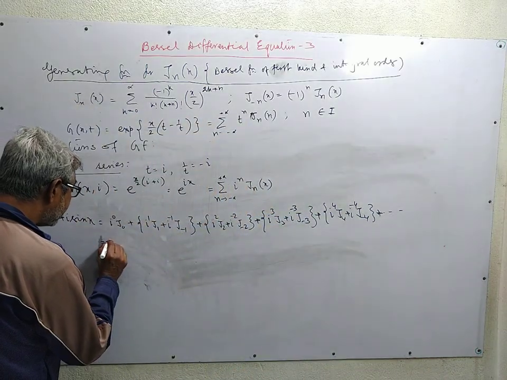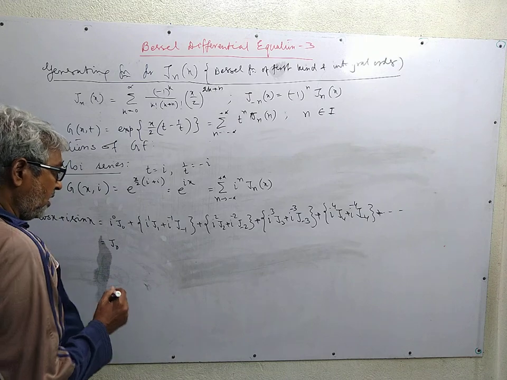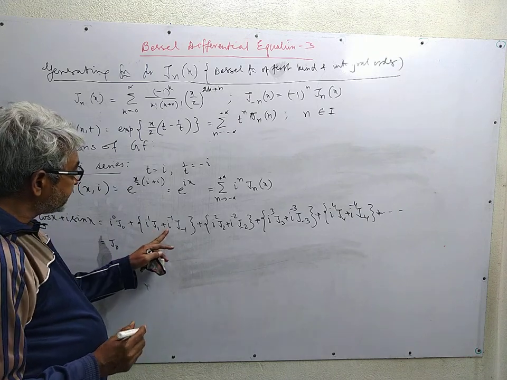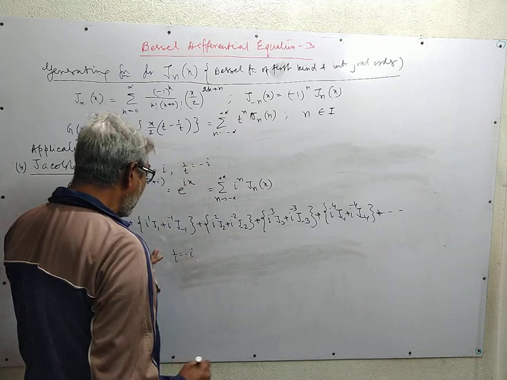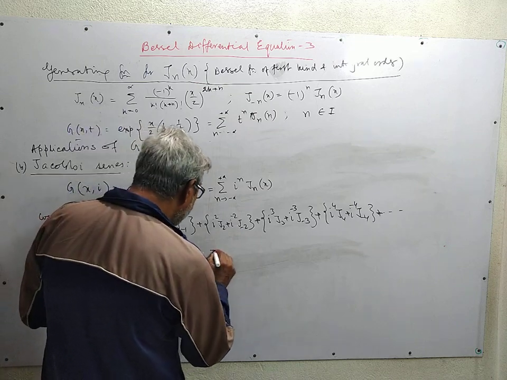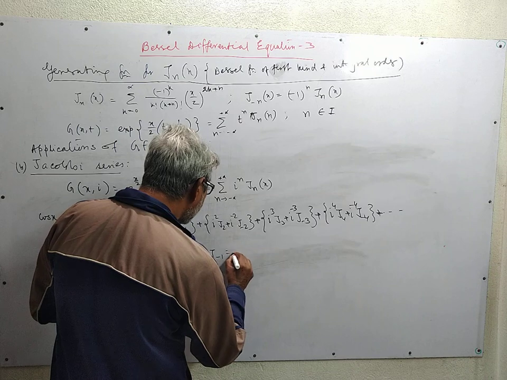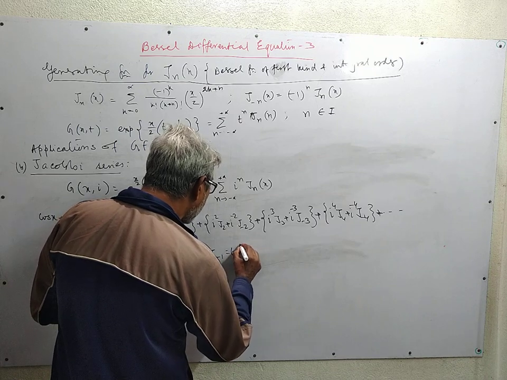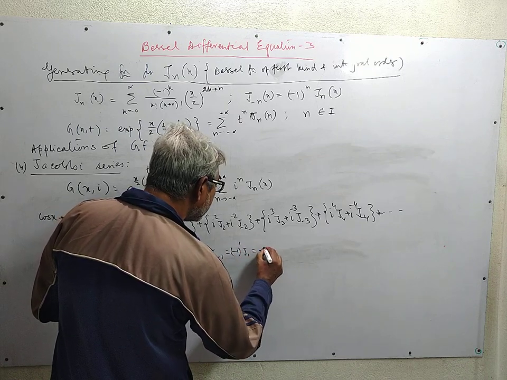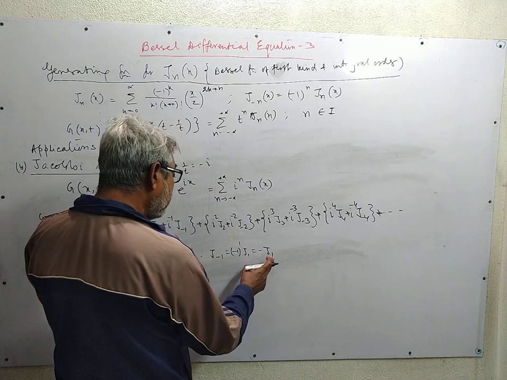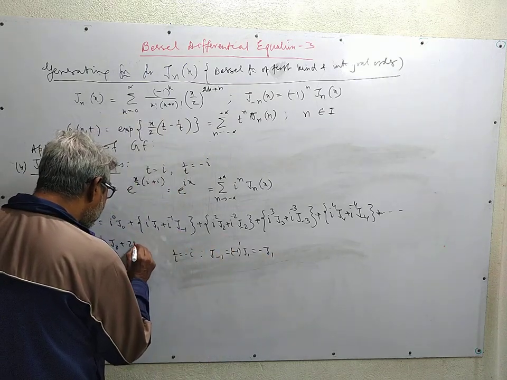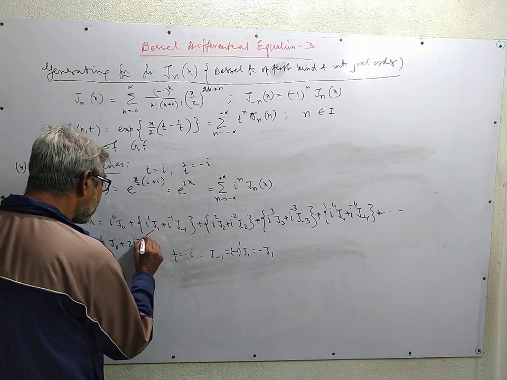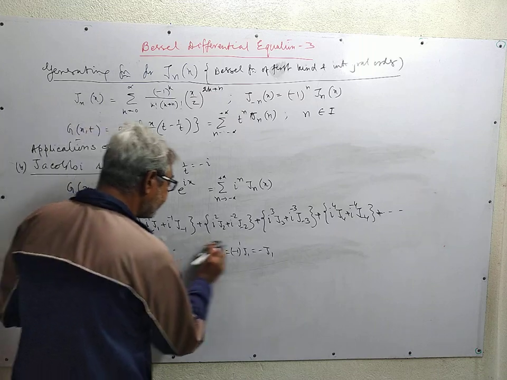This is simply J_0. Now you consider this term: this is 1/i, which is minus i, and J_{-1} is equal to (-1)^1 J_1, which is minus J_1. So these two minus signs make it positive, so we get 2i J_1. This is the contribution from this term.